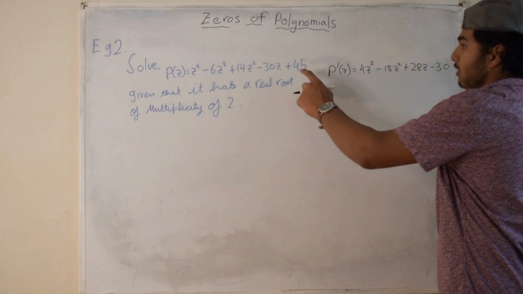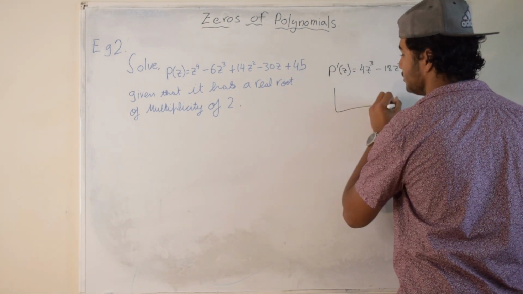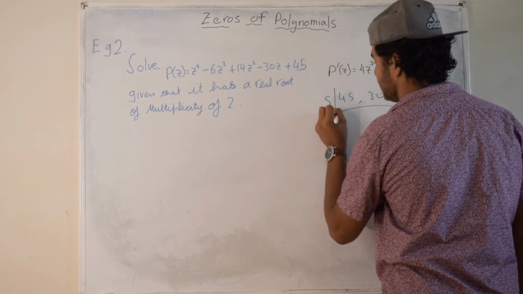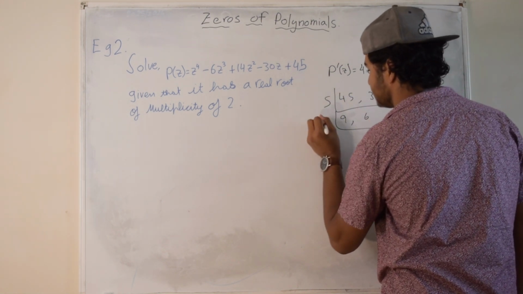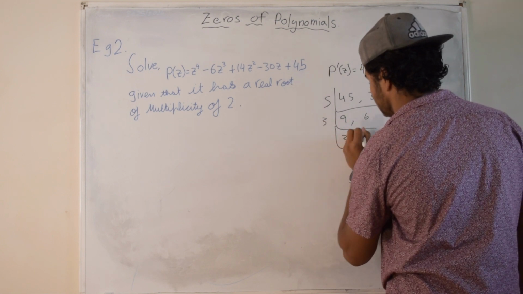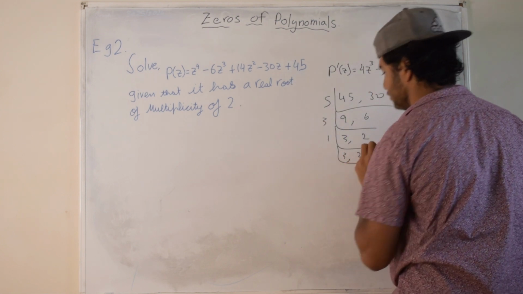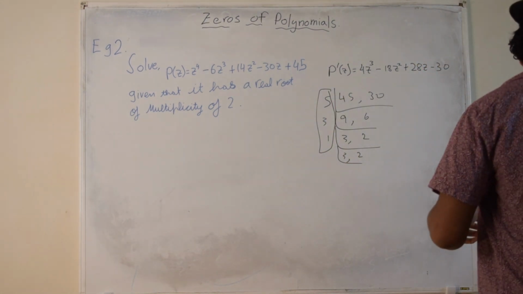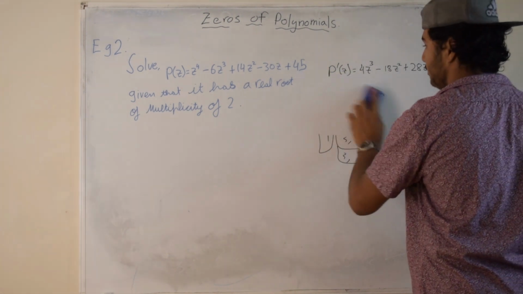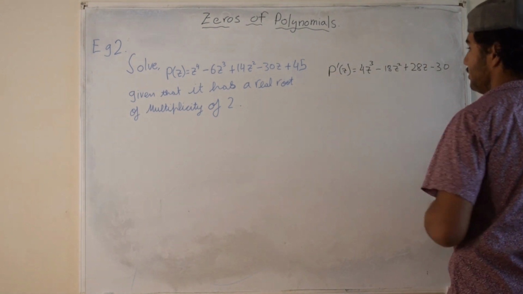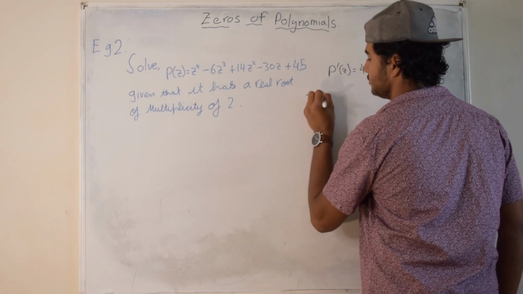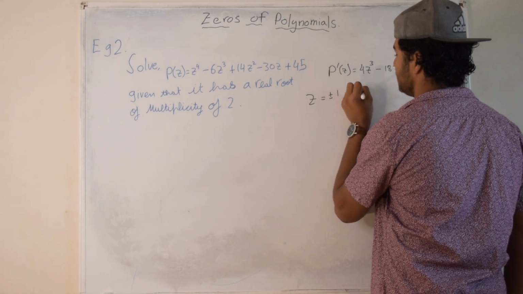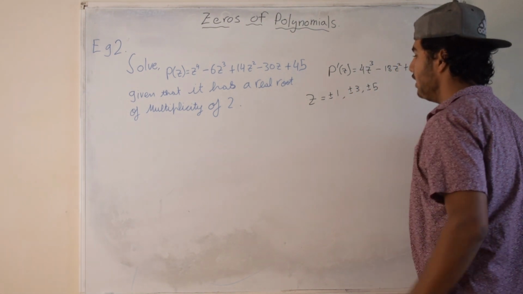So what are some factors of 45 and 30? We can quickly do a little LCM method. 45, 30, 5, 9, 6, 3, 2, 1, 3, 2. So these are the factors we're going to use. So we have z equals plus or minus 1, plus or minus 3, plus or minus 5.